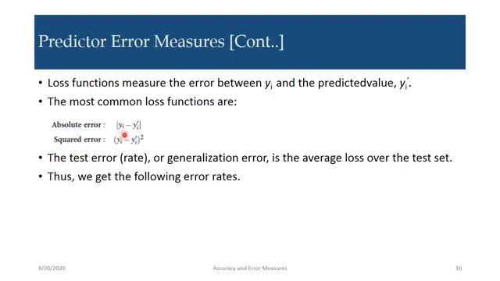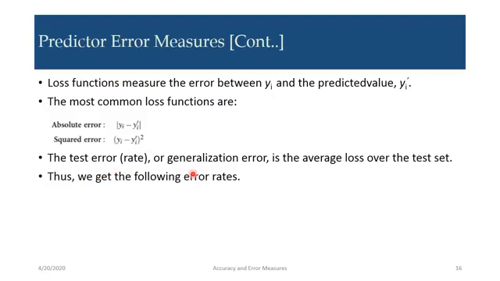Absolute error is the modulus of yi minus yi dash, that is the difference between the actual response value and the predicted response value. Squared error is yi minus yi dash to the power 2, the square of the difference between the actual response value and the predicted response value.